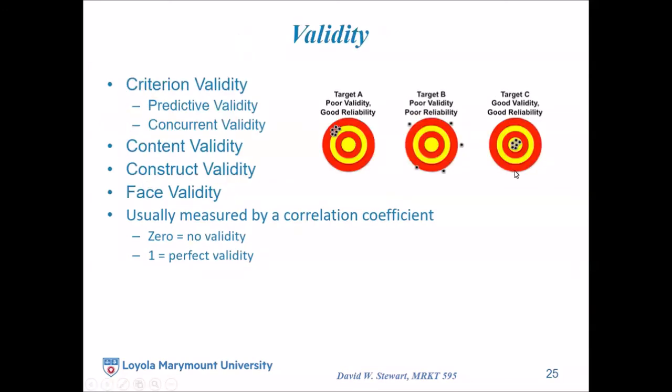For validity, mostly we're concerned about what we call criterion validity, the degree to which a measure actually predicts something of interest, either something we already can measure or something that we measure at some point in the future. There are other kinds of validity, but again, typically validity is measured from 0, no predictive ability, to 1, very predictive.